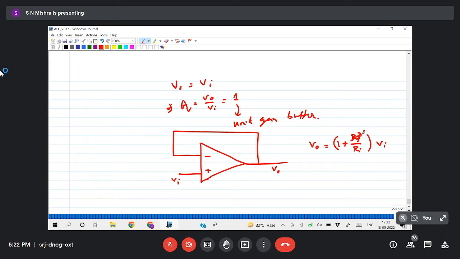Here Rf is 0, so 0 by something is 0, 0 plus 1 is 1, so V naught equals Vi. So here instead of resistance Rf, I have shorted it, and Ri I am not using here. Clear?